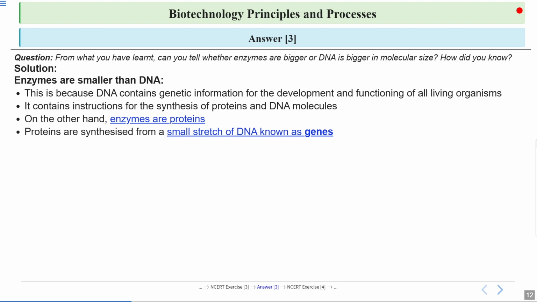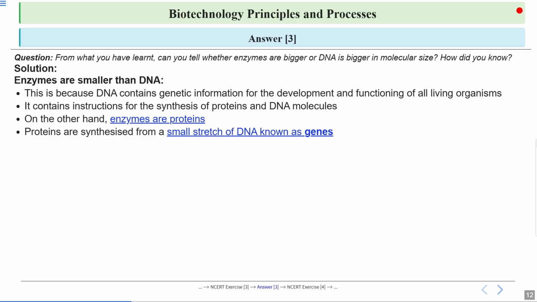First, there is the process of transcription, then the process of translation. In the process of translation, the enzyme gets synthesized, right? So proteins are synthesized from small stretches of DNA. So which is bigger? Yes, there are so many genes present on DNA. There is not only one enzyme gene on the DNA.